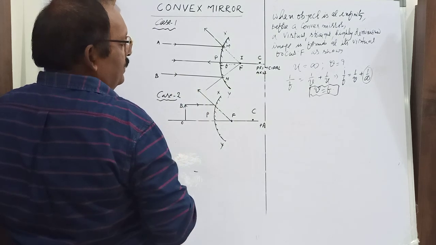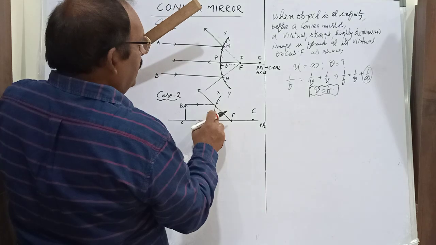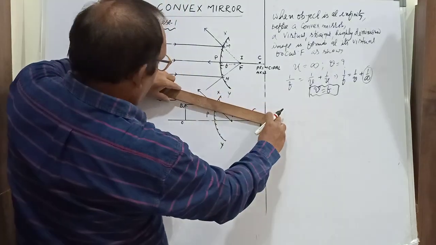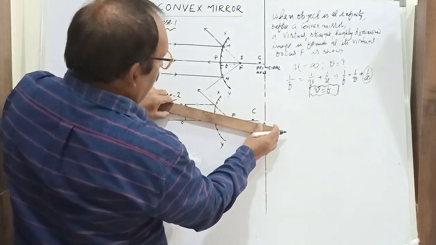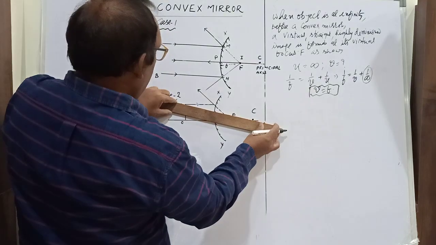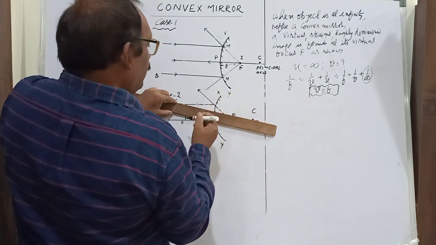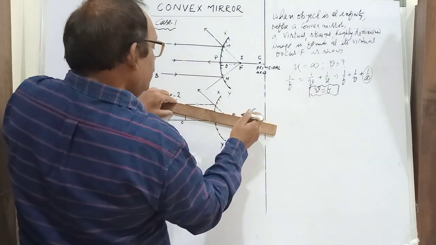Another ray I am considering now: any ray that is incident on the mirror at an angle of 90 degrees must travel through the center of curvature. Just keep the scale like this. The center of curvature is here, and this is the position of the object. This is another incident light ray, incident here.